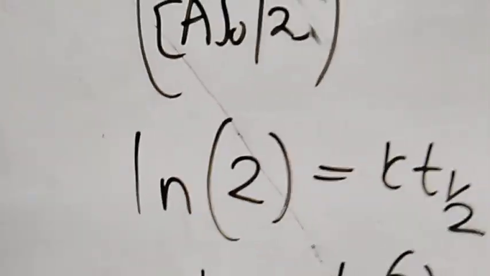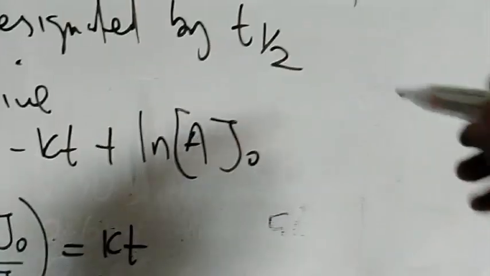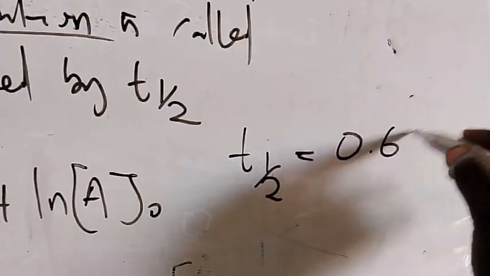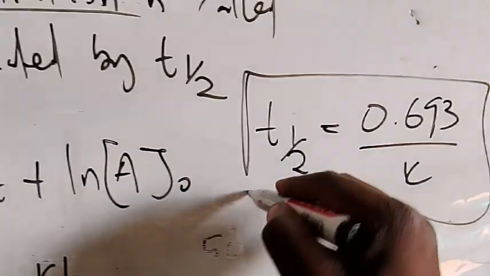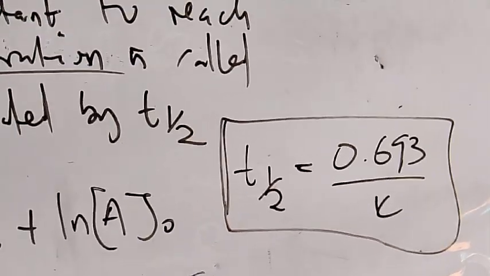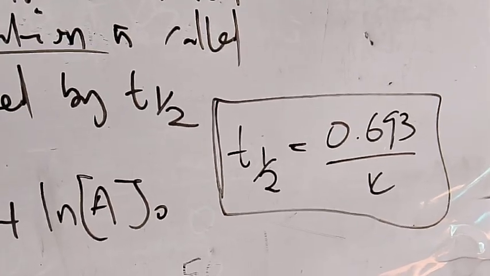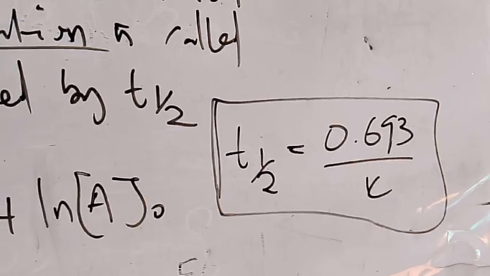Then what is ln 2? ln 2 is 0.693. So the half-life of a first order reaction will be 0.693 over K. This is the formula that we shall be using to calculate the half-life of a first order reaction.